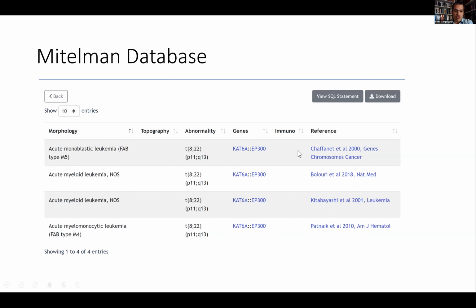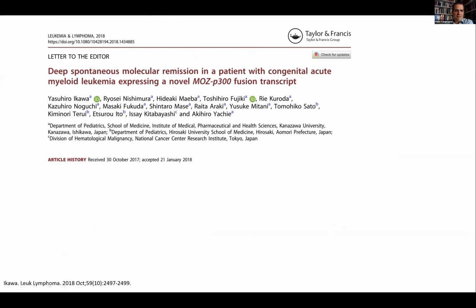So when we look at this fusion, we only find 4 descriptions in the Mitelman database of this same fusion. But they have been described in congenital acute myeloid leukemia. And we have this publication from 2018 describing this same fusion. MOZ is another name for KAT6A, and the patient had a spontaneous molecular remission.